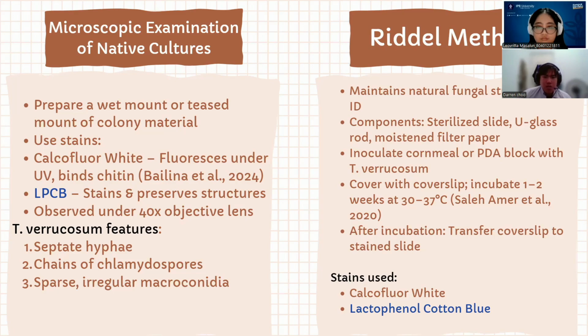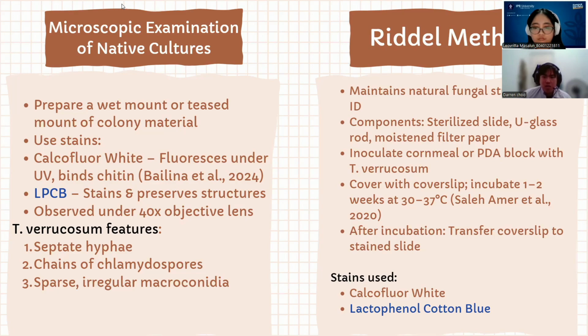And for the Riddell method, the Riddell slide culture is especially useful when we want to observe fungi in their natural arrangement. This setup involves using a block of agar, like cornmeal agar or PDA, on a sterile slide over a U-shaped rod and moistened filter paper.